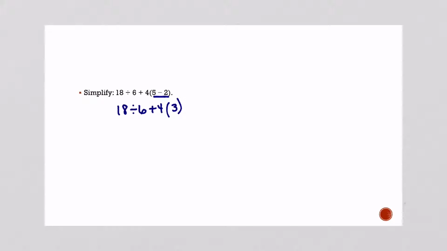That 4 times 3 means multiplication there. I've got to do my multiplication and division in order from left to right. So 18 divided by 6 is going to be 3 plus 4 times 3. I could have done that in the same step, but I don't want to confuse anybody. Now I'm going to do 4 times 3, 3 plus 12. Now I'm going to do my addition, and I get 15.